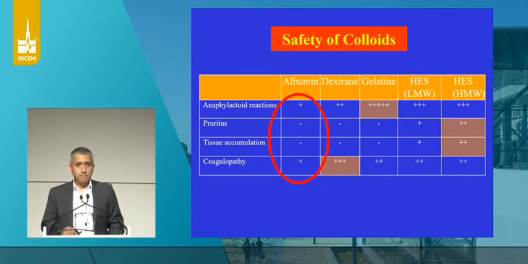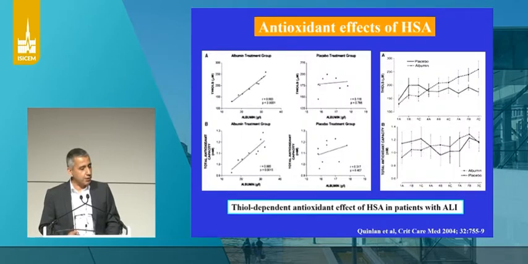The most important thing about albumin is that, being a natural product, it is actually the safest colloid that we know. And all the other synthetic colloids, as I said in the beginning, are associated with a lot of side effects which may be deleterious in patients with sepsis.